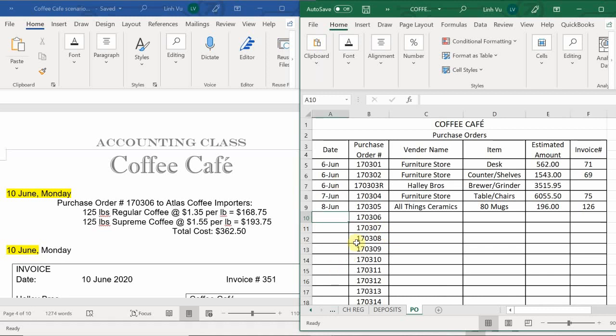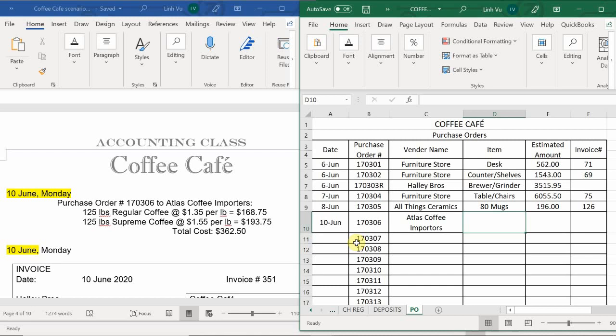Okay. So in this case, this is 610. Who are we buying from? Coffee from Atlas Coffee Importers, okay.